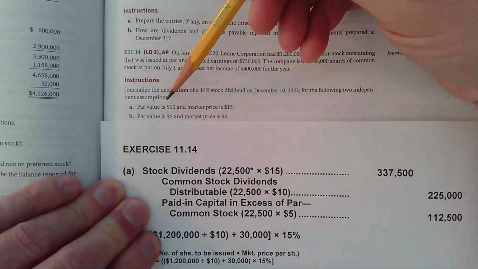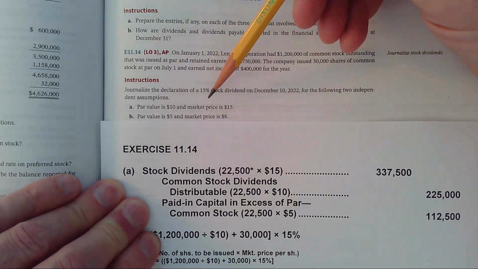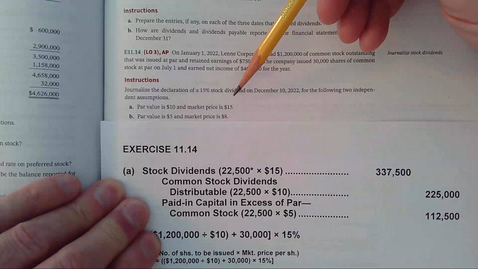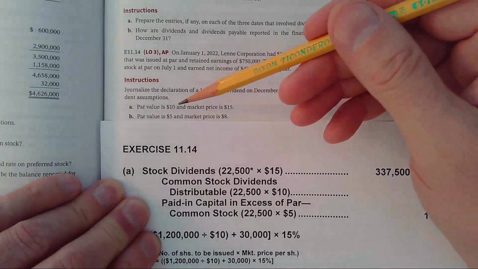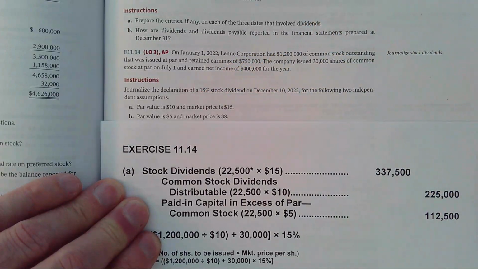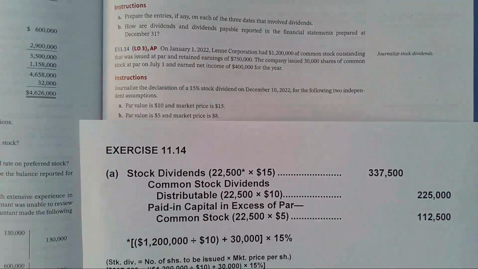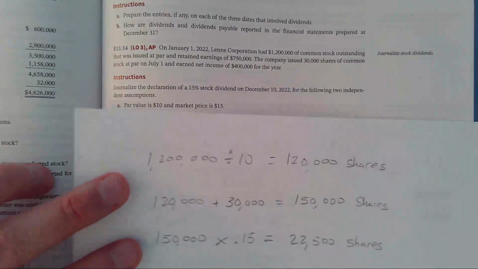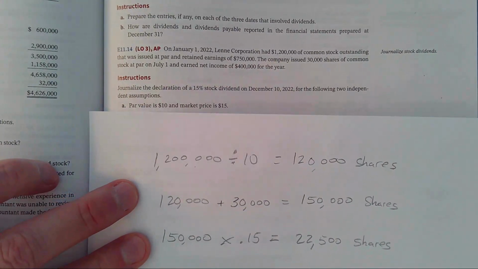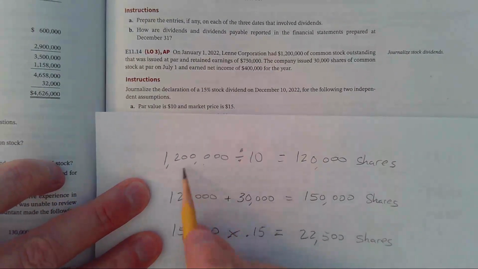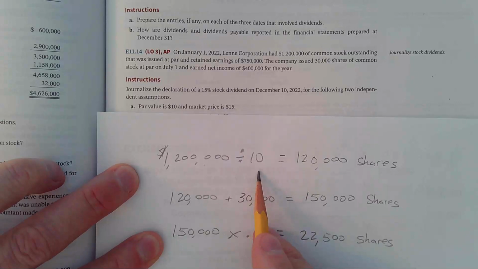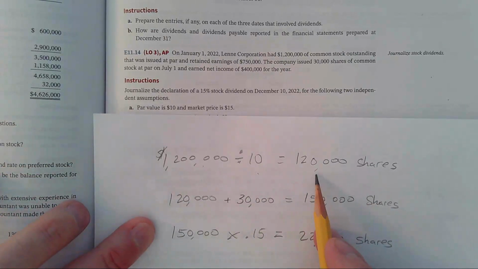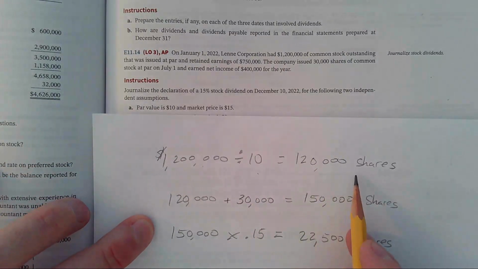So here they tell you the par value is 10 and the market price is 15. Why they're giving you that information is really you need the 10 to figure out how many stocks are outstanding, because they didn't give you that information. So on a separate piece of paper, I show you that calculation. If you have the $1,200,000 and you divide it by the par value, that means they must have issued 120,000 shares.